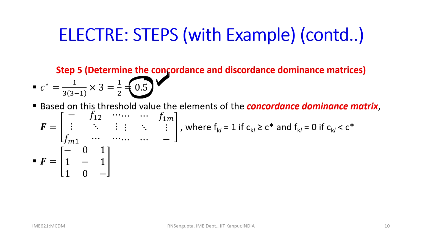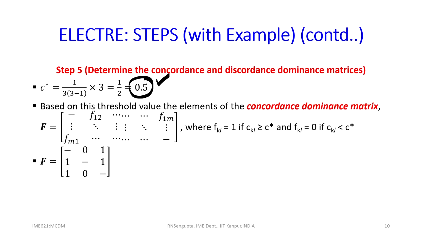Now, when the C star is 0.5, I will find out if it is positive. Obviously, I will assign a score, that means yes, the threshold value is exceeded, it is good, I will take the decision. So, 0.5 would mean that if I go back to the set of comparison, the concordance set, based on that I have the concordance dominance matrix.